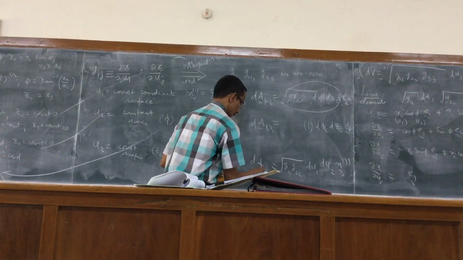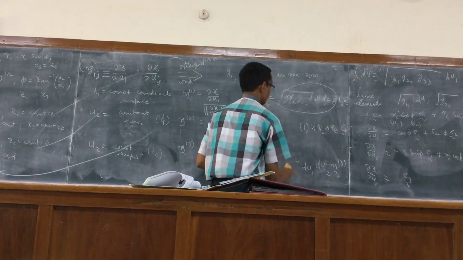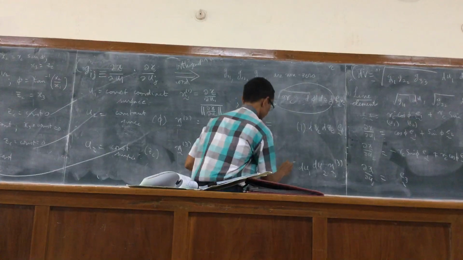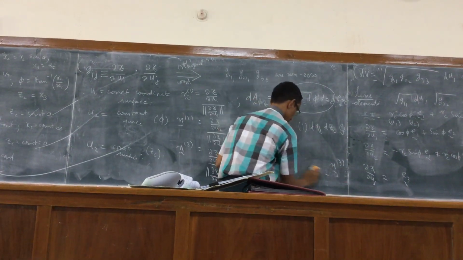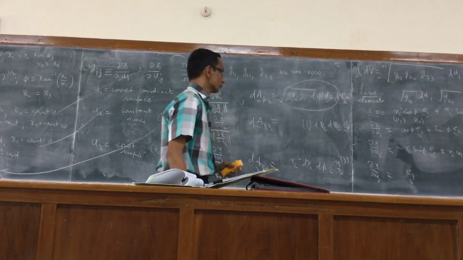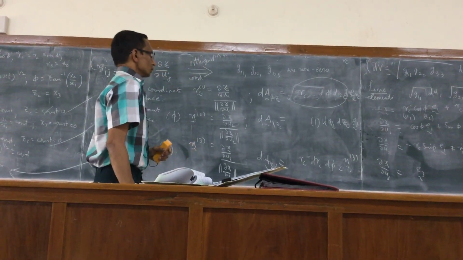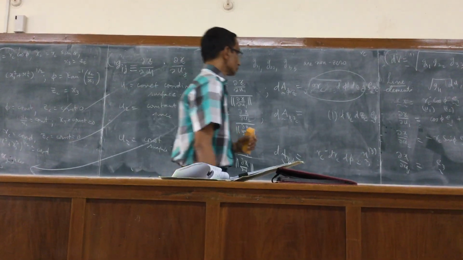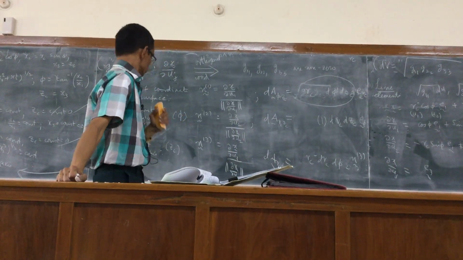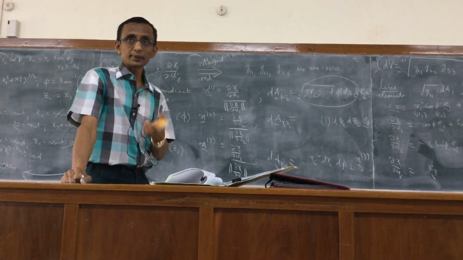Then I can write this as RC dRC dphi, where the coefficient G22 is again RC. Is this clear?